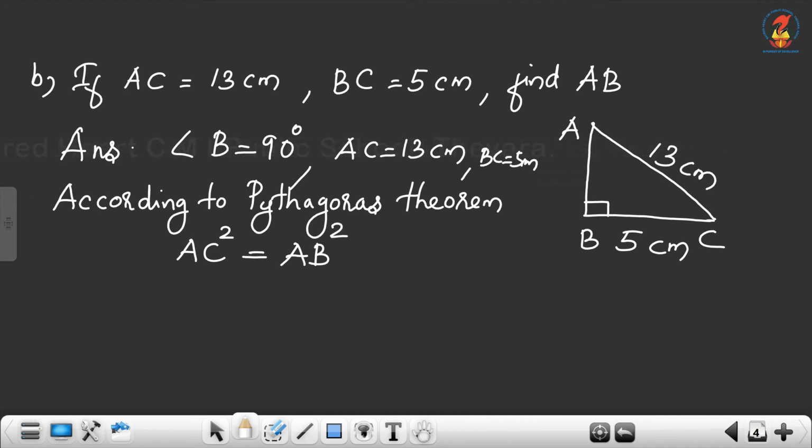So square of AB plus square of BC. Now we can substitute the values. AC is given as 13 centimeters, so we can write 13 square equal to AB square plus BC square. The value of BC is 5, so we write 5 square.